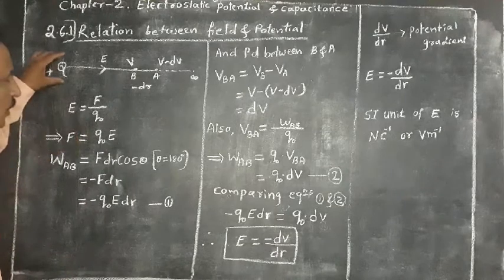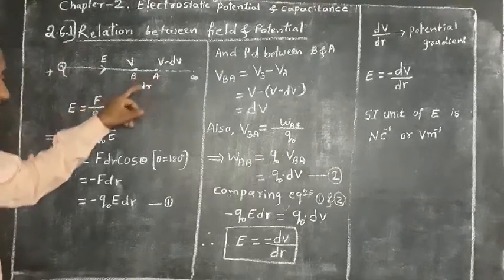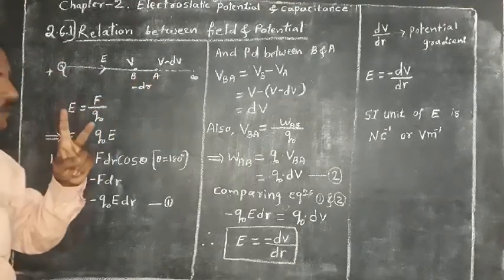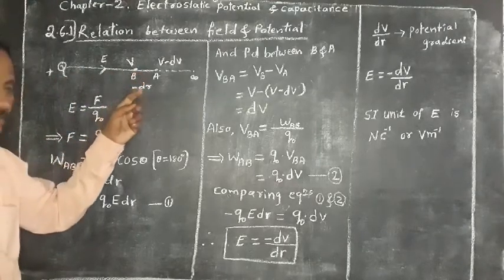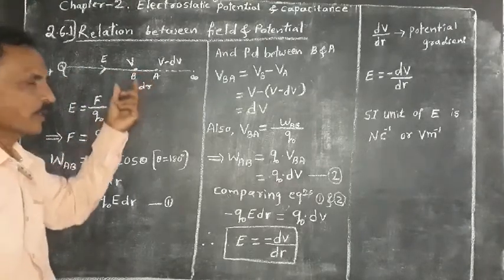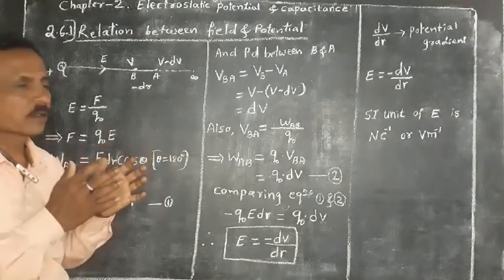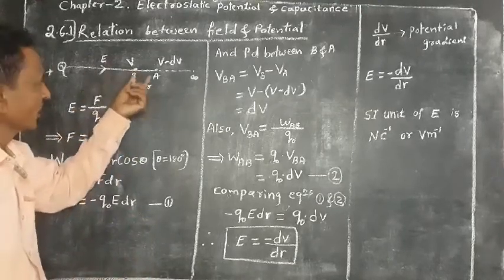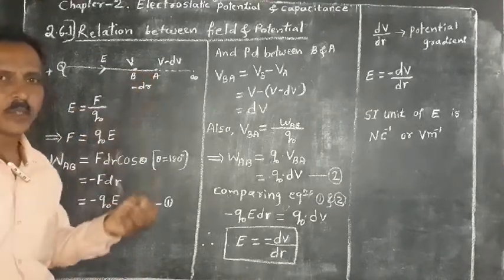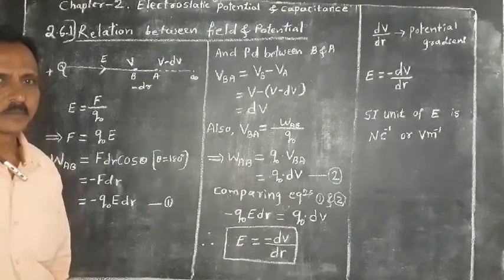Consider a positive charge, and let A and B be two points in an electrostatic field, very close together so that the electric field between A and B is approximately the same.